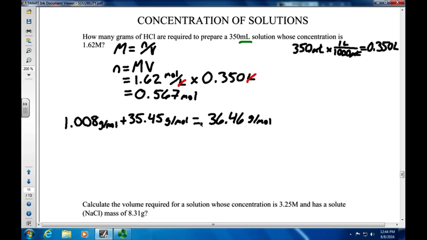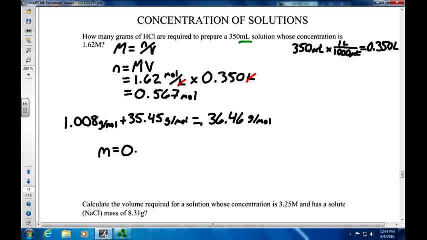Then solving for mass is relatively easy. All we have to do is say that mass is equal to our moles times our molar mass, which in this case is a molecular mass.